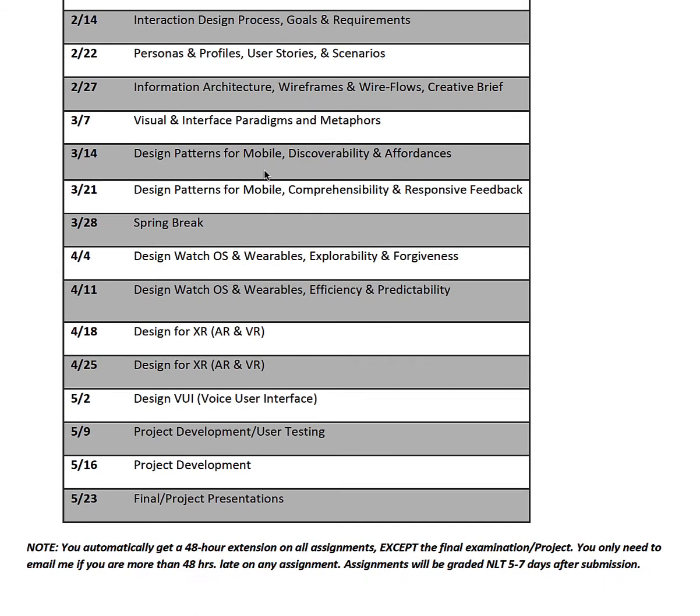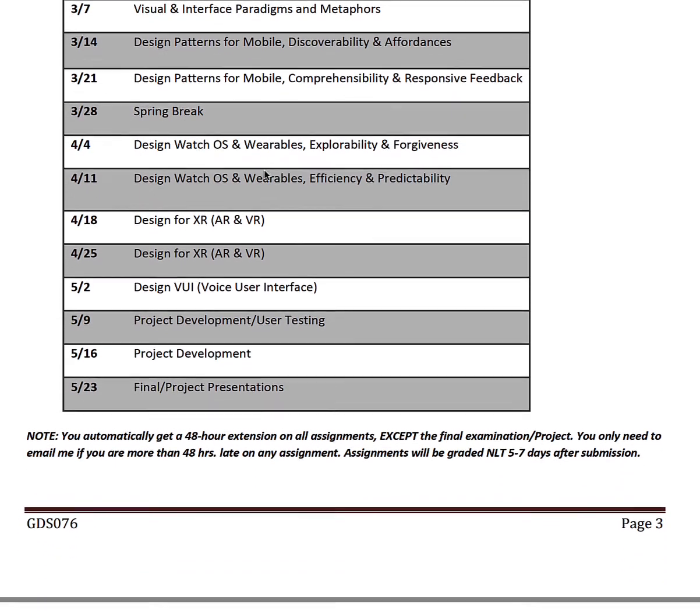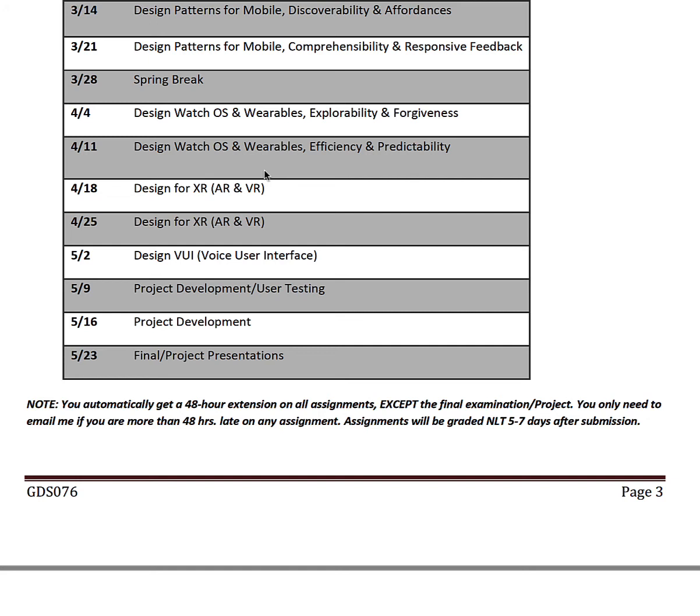And I did want to point out that we dedicate 2 weeks for each modality or each technology, like 2 weeks for mobile, 2 weeks for watch OS and wearables, and we're going to look at iOS and Android, and we're going to even take a look at Google Wear, which is actually now going through a transition because Google Wear is an amalgamation of Fitbit design standards and Google and Android standards, and their wearables.